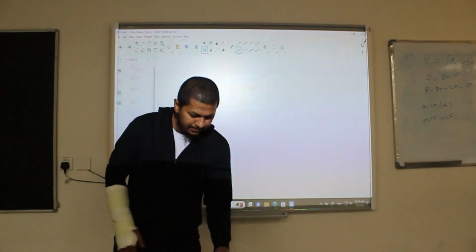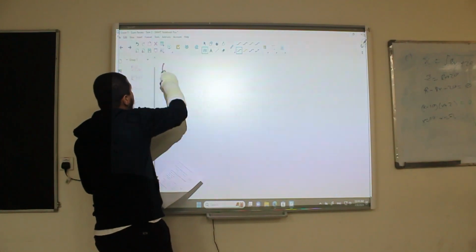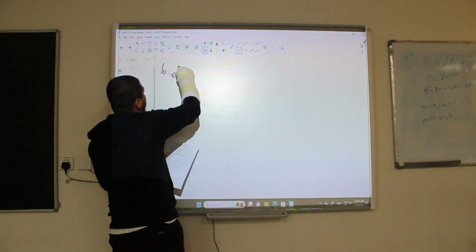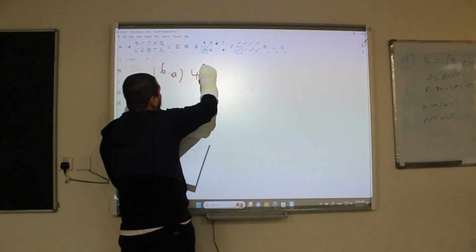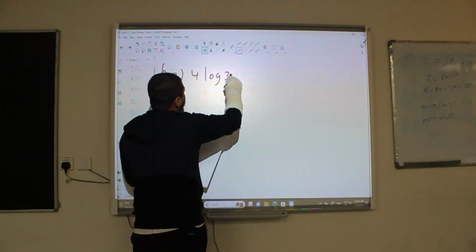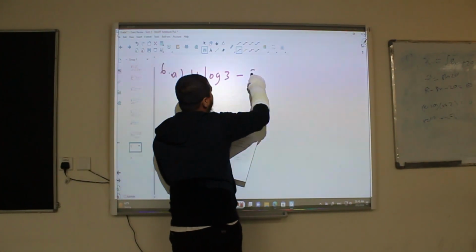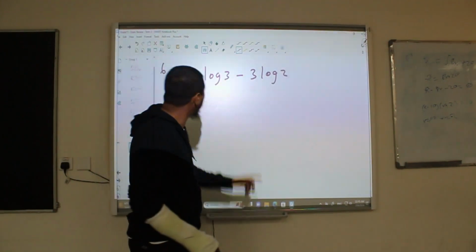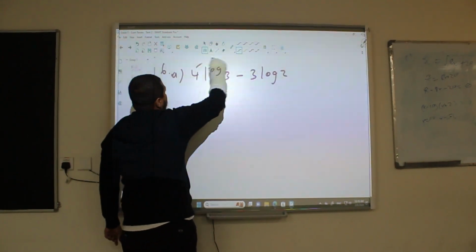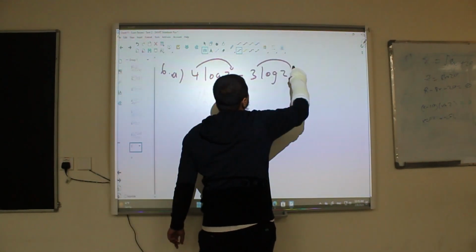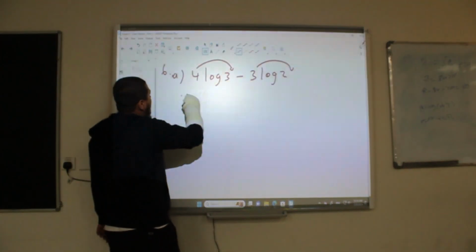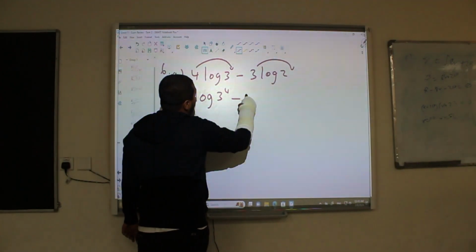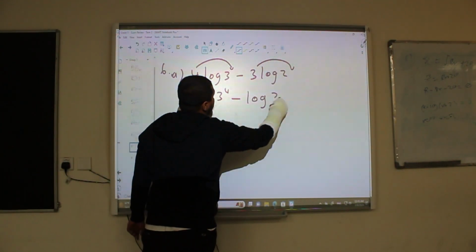So question number 6. We have 6a, which is 4 log 3 minus 3 log 2. The first thing that we do is we take all these coefficients and bring them to the powers. So we have log 3 to the power 4 minus log 2 cubed.